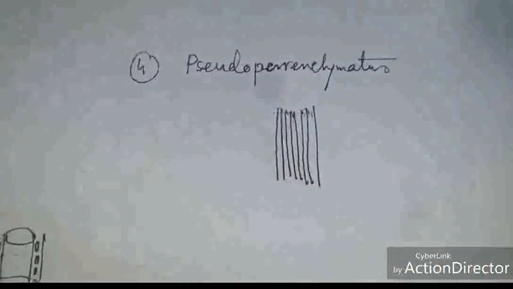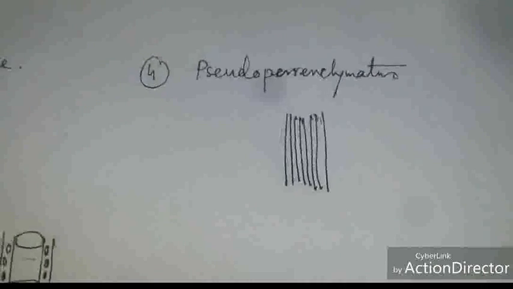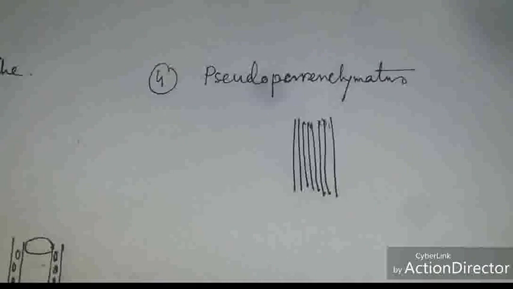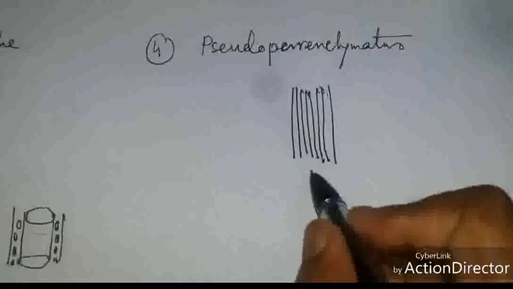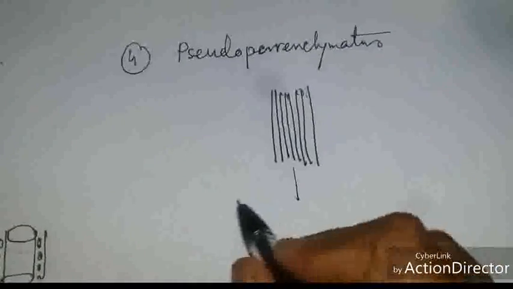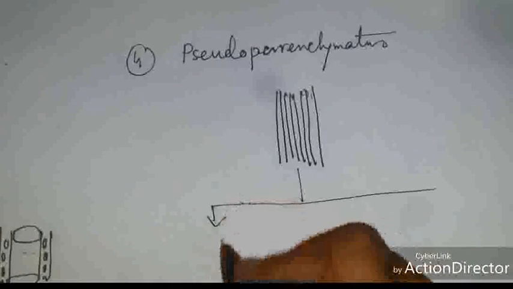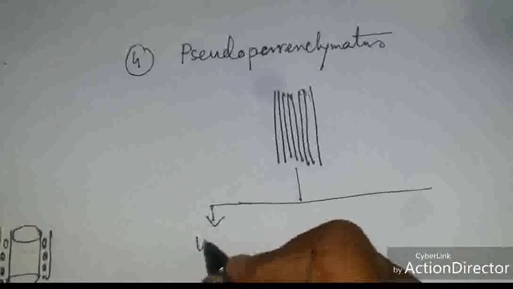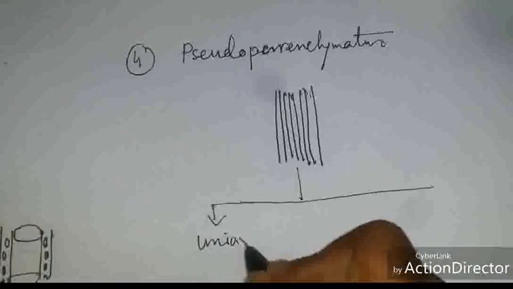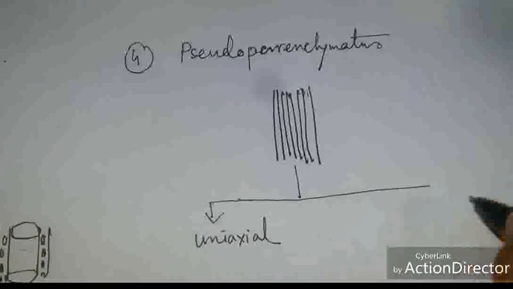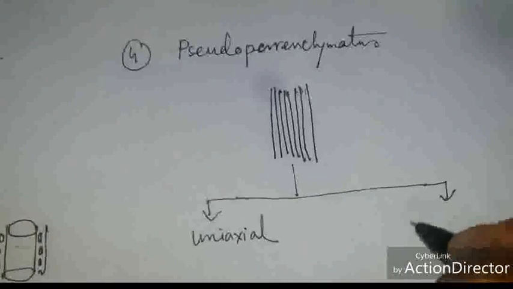So it is called pseudoparenchymatous. Pseudoparenchymatous thallus is also divided into two types. One is uniaxial and another is multiaxial.